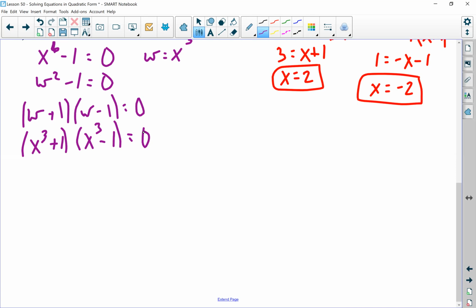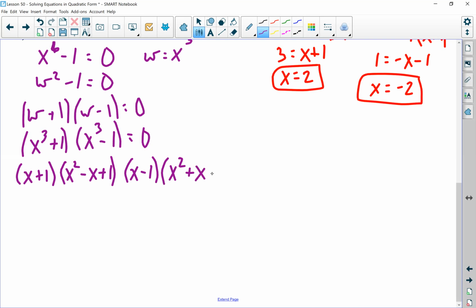So all sorts of fun. The sum of cubes factors into x plus 1, x squared minus x plus 1. And the difference of cubes factors into x minus 1, x squared plus x plus 1.